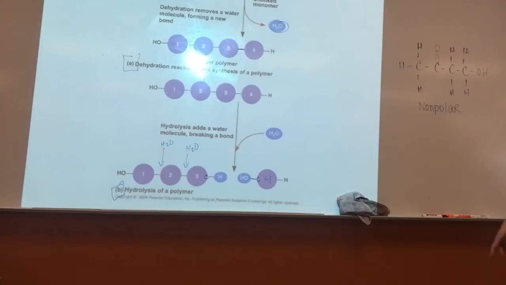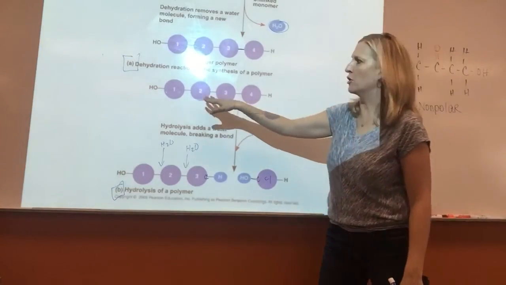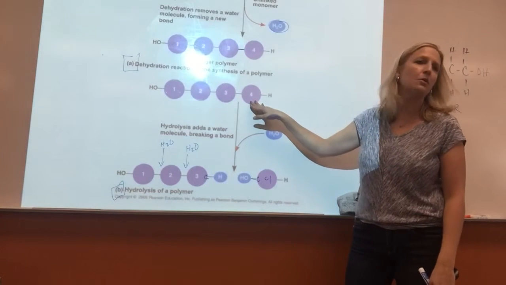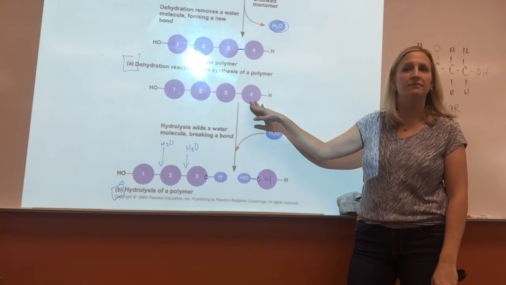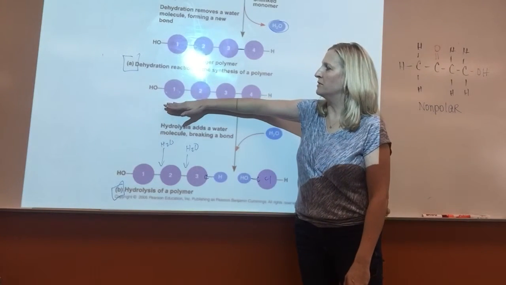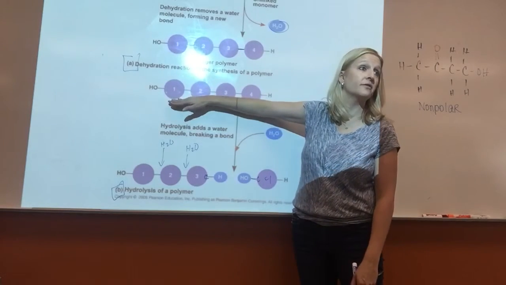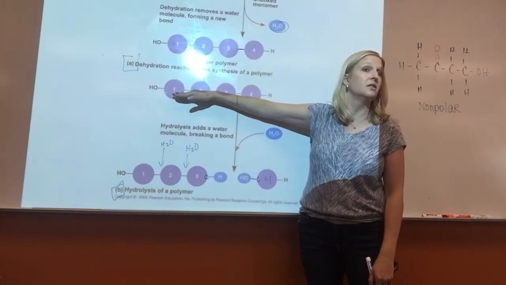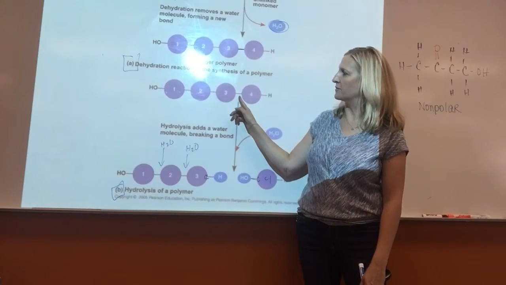So, to break down a molecule that's only 4 monomers long, how many waters do you need? How many waters do we need to go from one molecule that's 4 monomers long to 4 individual molecules? We need 3, right? 1 at each of the bonds here, all right?